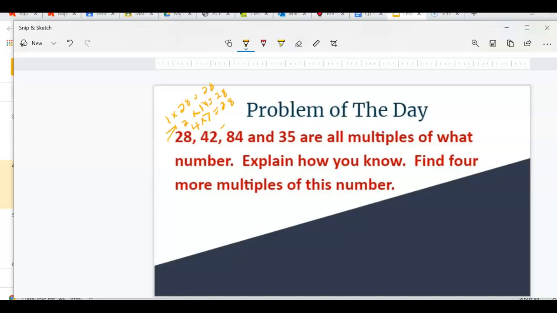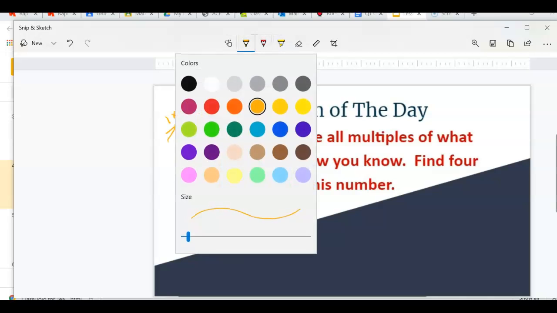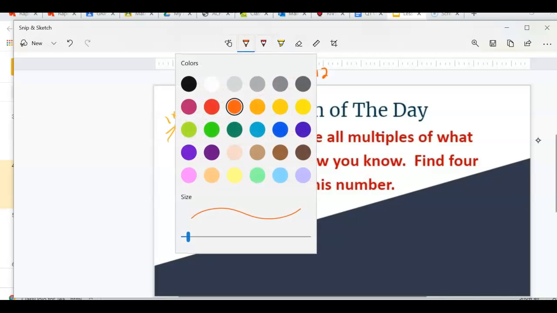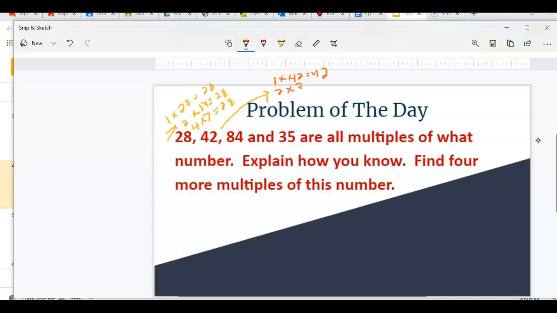So now we need to go to 42. Okay? So 42, what numbers can I multiply together to get 42? You always start out with 1 times 42 is 42. 2 times what number equals 42 is going to be 20. Let me erase this right here. It's going to be 21. 42.